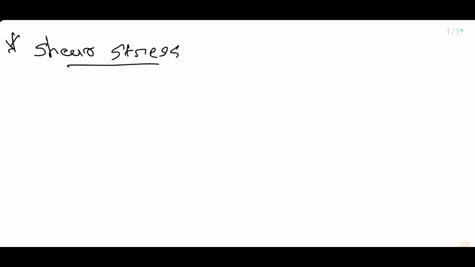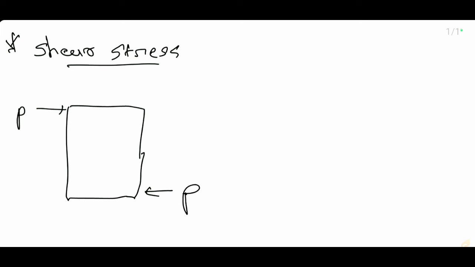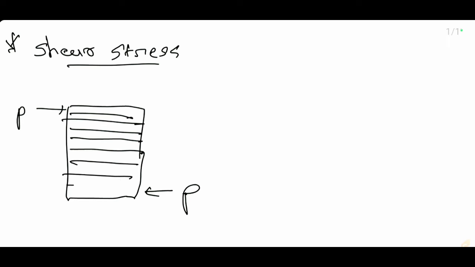When force is transmitted from one part of the body to another, the stress developed in the plane parallel to the applied force is called shear stress. So shear stress always acts parallel to the component. We know what the fiber is made of, so one force is acting here and is transmitted throughout the system.